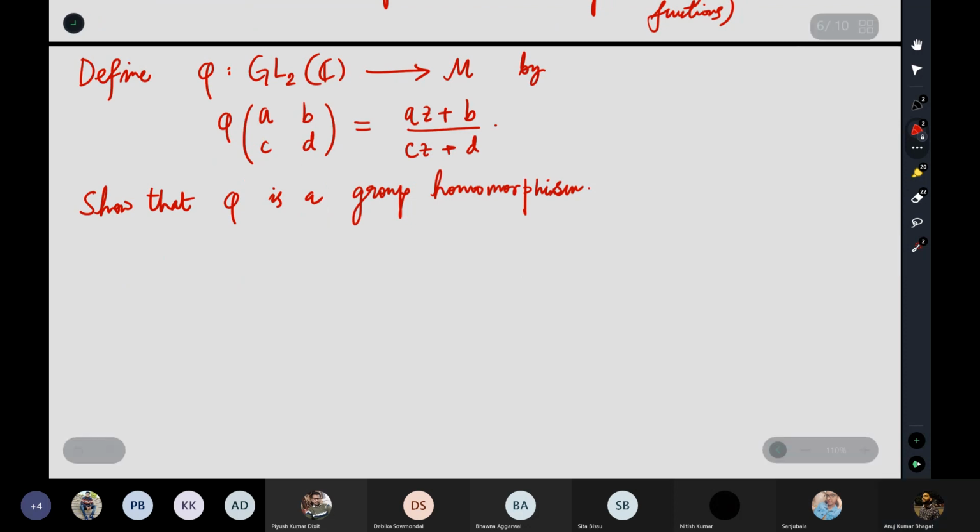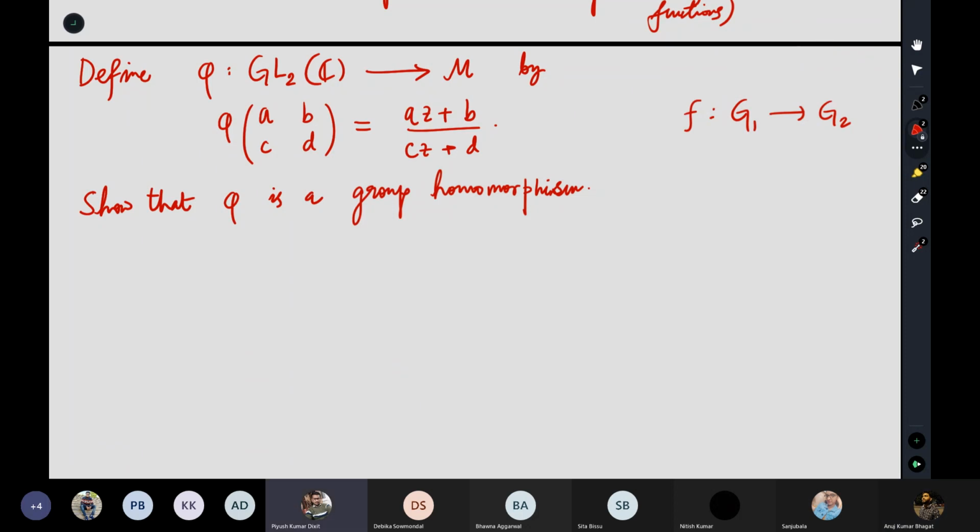So can you tell me? I have a map f, and G1 is a group and G2 is a group. When will I call f a group homomorphism?